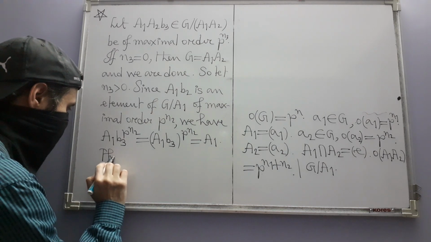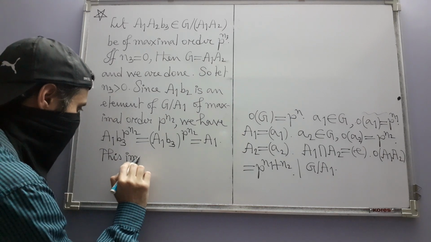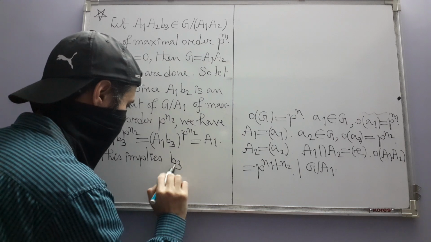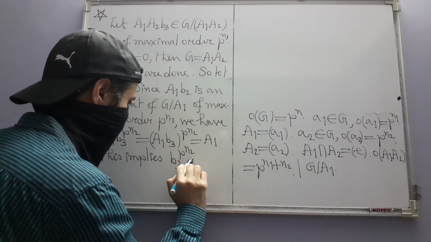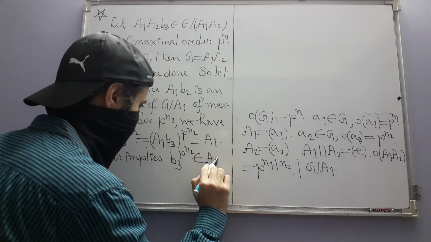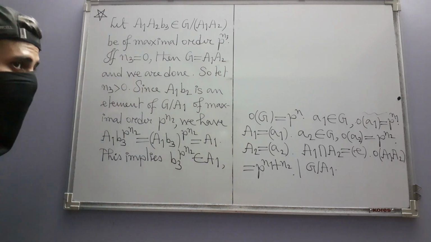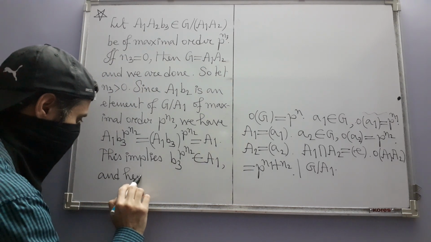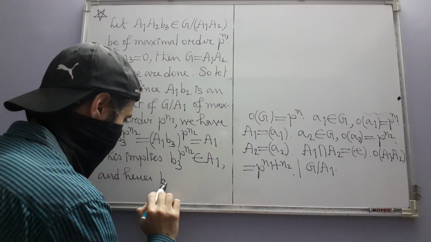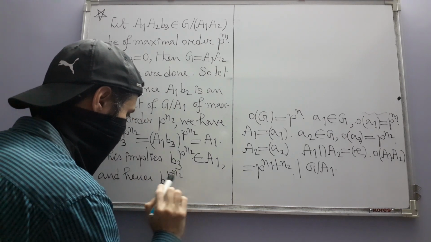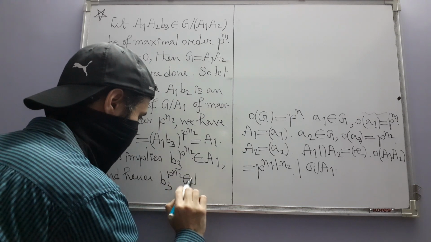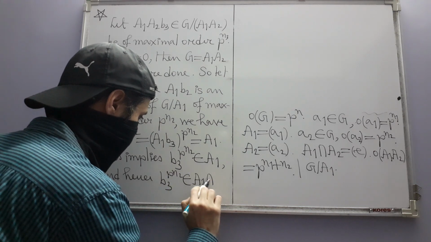This implies that b3 to the power p to the power n2 belongs to A1, and hence b3 to the power p to the power n2 also automatically belongs to A1 A2.